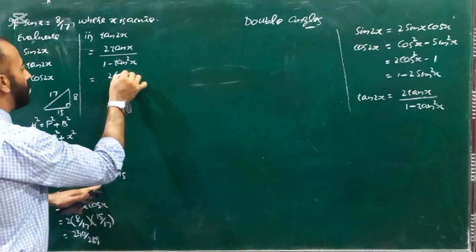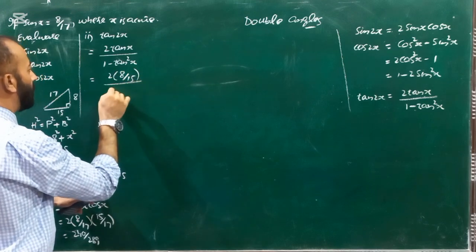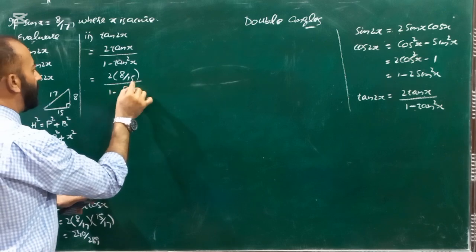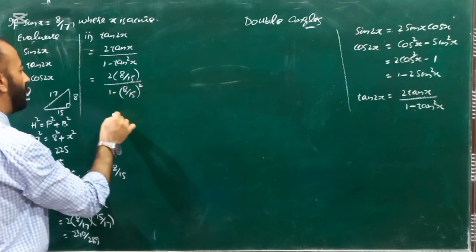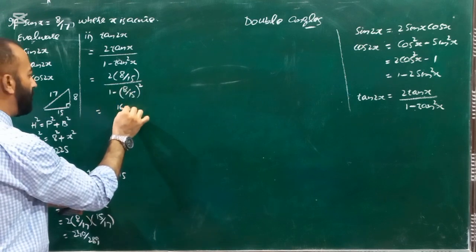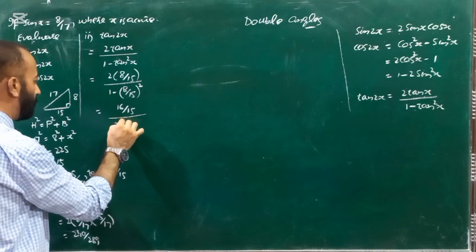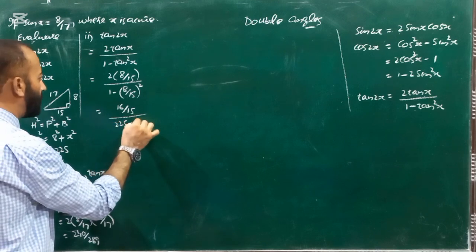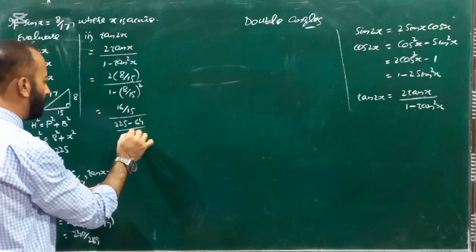So 2 into 8 by 15 over 1 minus 8 by 15 whole square. So solving it now, in numerator 16 by 15, in denominator taking LCM, so 225 minus 64 over 15 square.